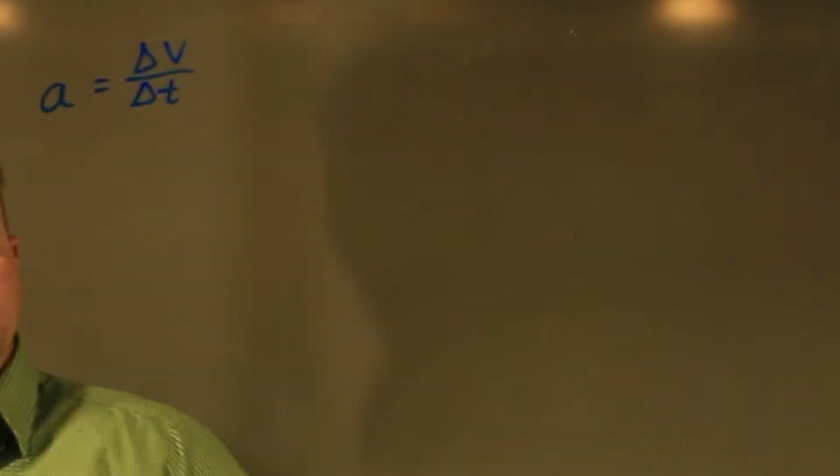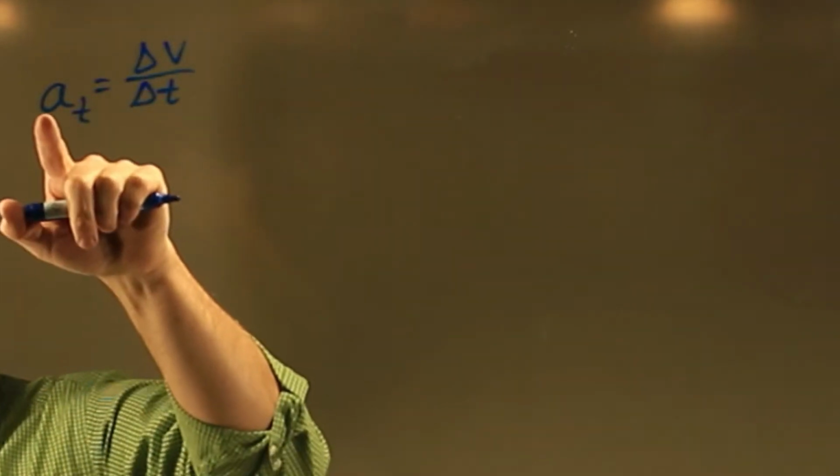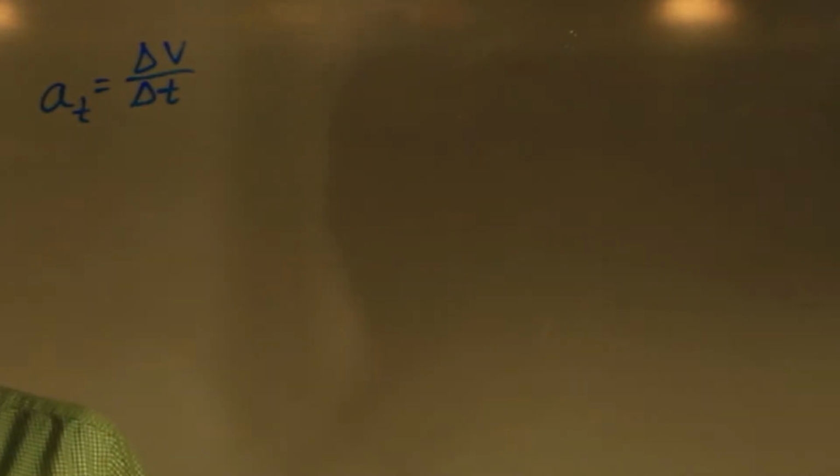Let's look at how angular acceleration and linear acceleration are related. Previously, we knew that acceleration was a change in velocity over change in time, and that was linear acceleration. Sometimes this will be called translational acceleration, or the acceleration tangent to the circle.